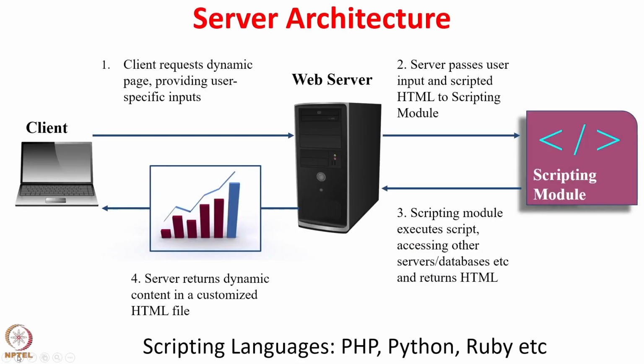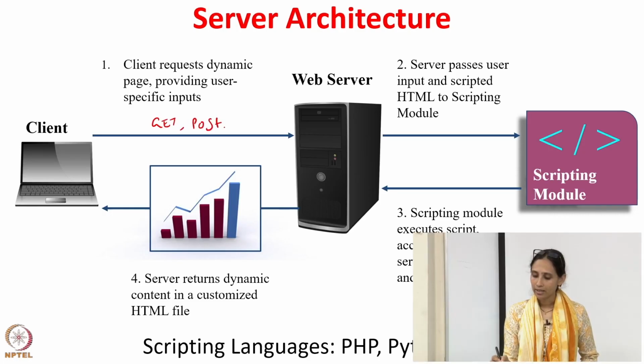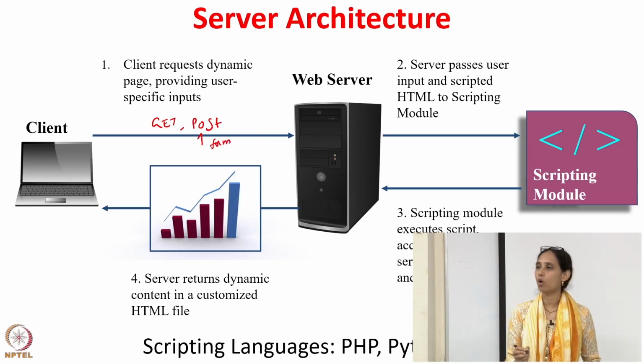So this is the server side architecture, where essentially the client is going to request the web server. These requests happen via GET or POST, and you may give specific information to the server. If it is a POST, you may actually be filling forms.